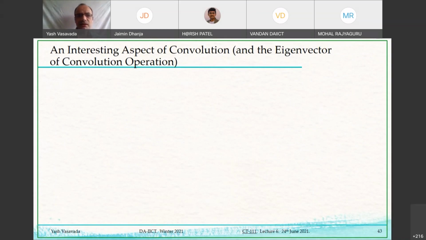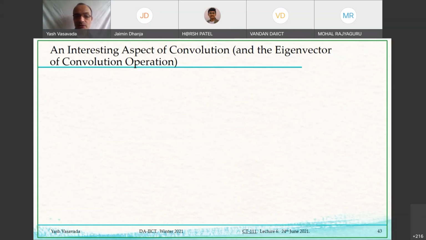So maybe it becomes a little bit of a mysterious thing. But an interesting aspect of convolution is that there is one specific type of polynomial multiplication that you can do, for which the output of the convolution looks a lot like the input. It is like the input x of n pretty much came out at the output with some scaling.